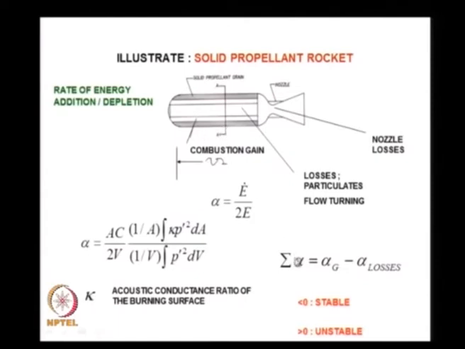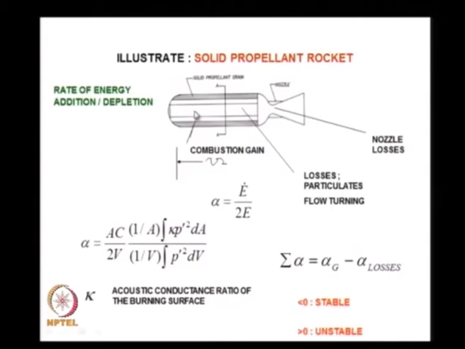In other words, I am able to get the growth constant in the rocket motor using this expression. I also measure the losses, like the losses which I measured in the T burner, namely the losses could be from the nozzle, wherein some element of acoustic energy gets radiated out.